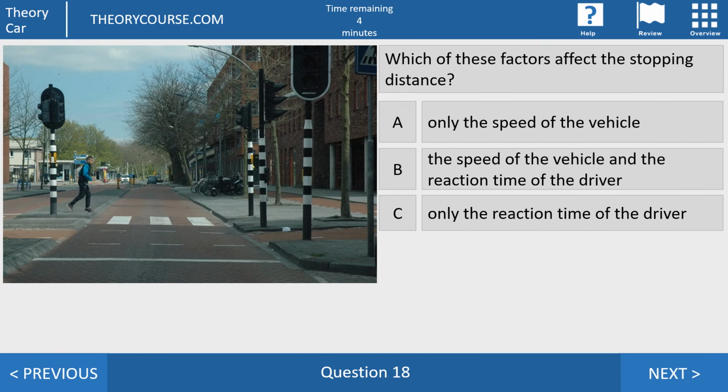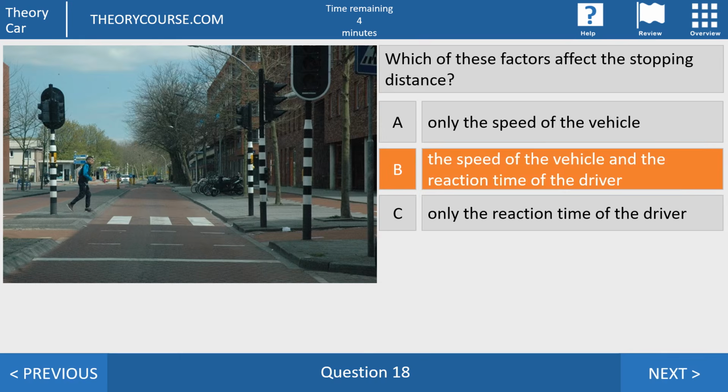Question number 18. Which of these factors affect the stopping distance? Is that answer A, only the speed of the vehicle? Answer B, the speed of the vehicle and the reaction time of the driver? Or is it answer C, only the reaction time of the driver? Answer B, the right answer.